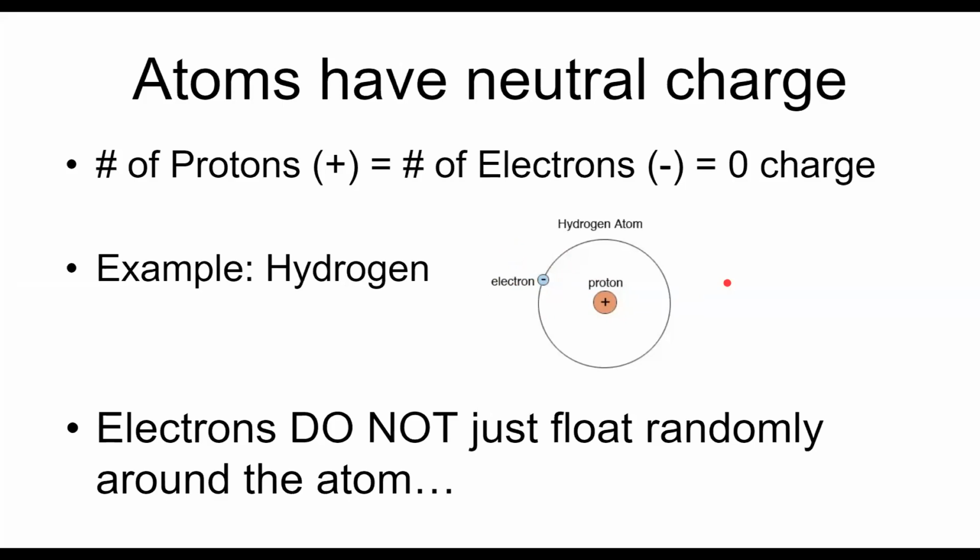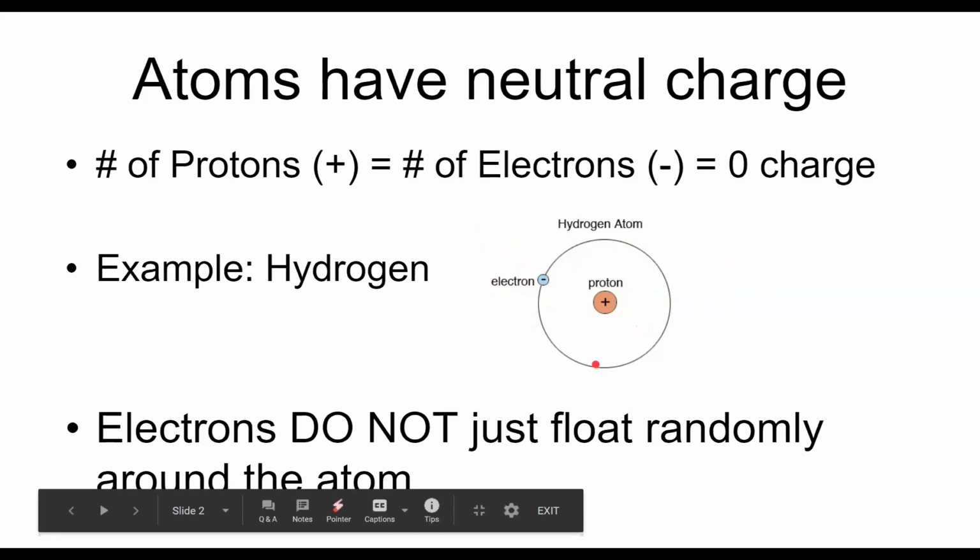We talked about numbers yesterday, but what we did not talk about is where all those electrons go. We know that the neutrons and the protons are hanging out in our nucleus down here, right? And the electrons, we said, are just around the outside.